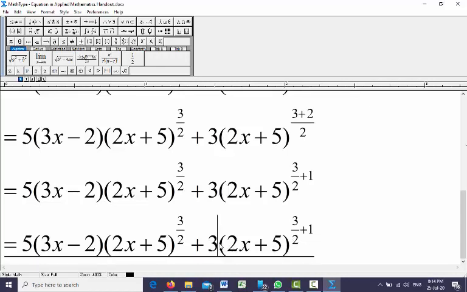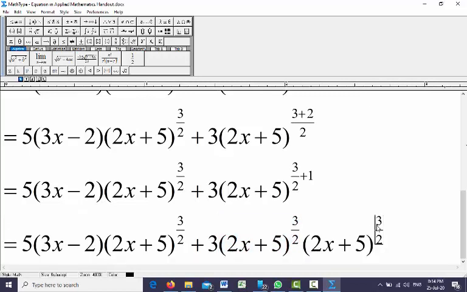Now as you can see, we have a power. This power is over the base of 2x plus 5. So what we can do is write it like this.